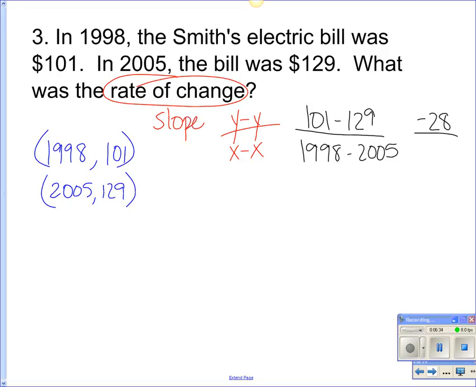Tamara, what do you get on the bottom? This will be counted wrong on the test if you leave your answer like that. Daniel? 4 is your final answer.